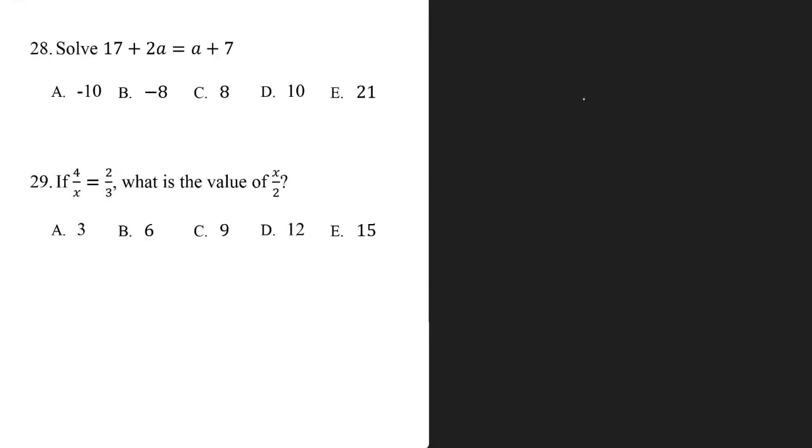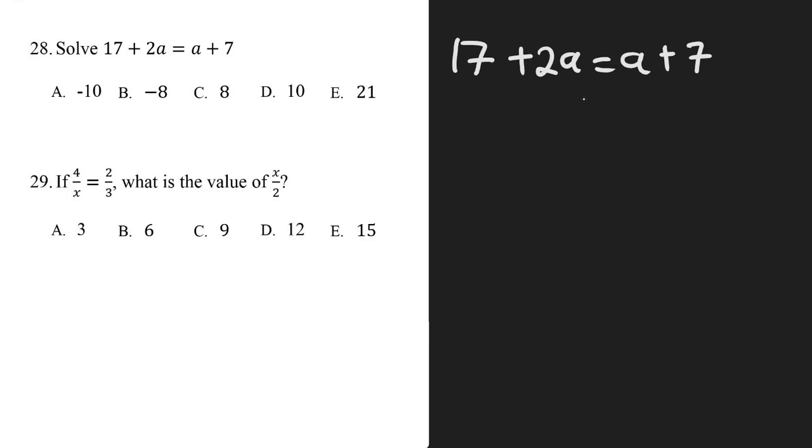Right, question 28 says solve 17 plus 2a equals a plus 7. So we have 17 plus 2a equals a plus 7. What are we going to do? We're going to collect like terms. That is, all those with a will move to one side of the equality sign, and those that don't have a will move to the other side.